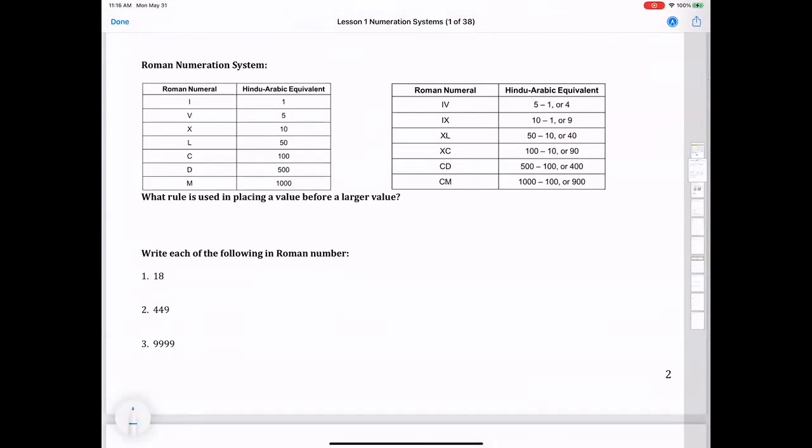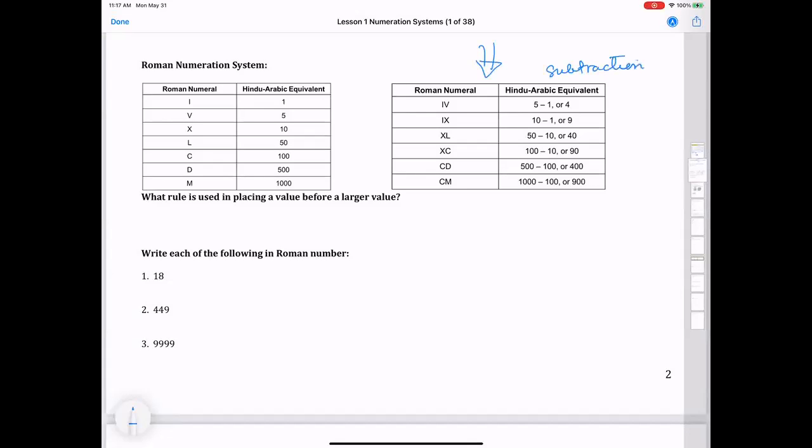In Roman numerals, we use I to represent 1, V to represent 5, X to represent 10, L to represent 50, C to represent 100, D to represent 500, and M to represent 1000. So what rule is used in placing a value before a larger value? Notice that in the second table, there is subtraction being applied.